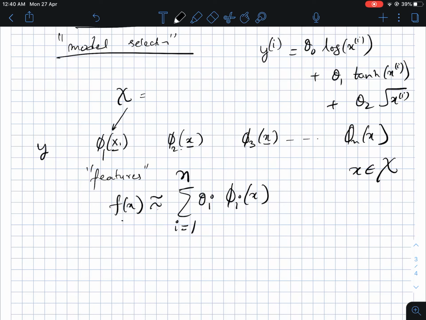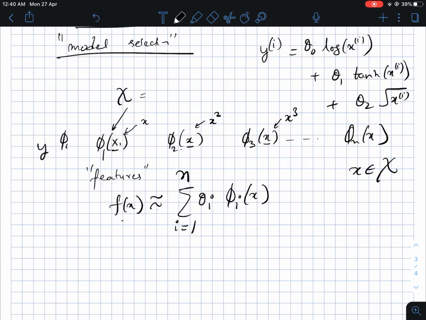In our example, X was a set of students. Phi1 of x for us was simply the score of the students in the first two segments. Phi2 of x was the square of the score of students in the first two segments. Phi3 of x was the cube of the score of the students.